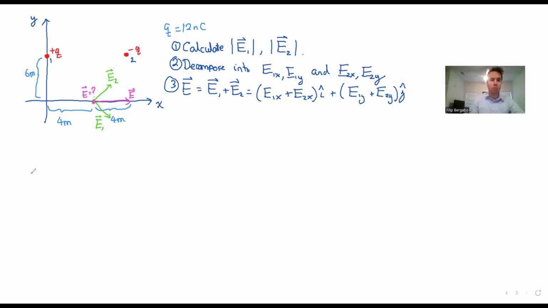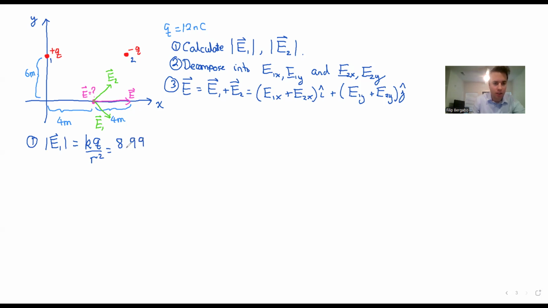And start with step 1. So the magnitude of the electric field produced by the positive charge, well, we'll use Coulomb's law. So remember the formula is kq over r squared. And let's put in the numbers here. K, remember, is, I'll use what the textbook says, which is 8.99.